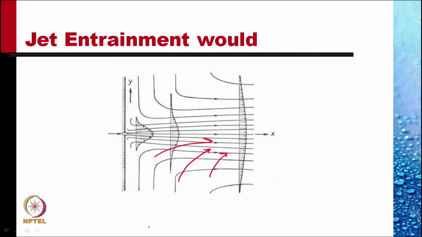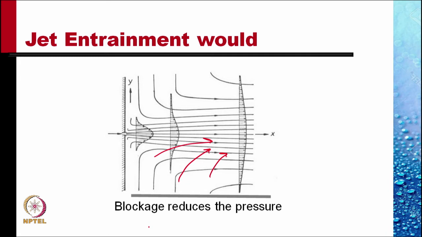And the surrounding air starts moving. As the surrounding air starts moving, if we block the surrounding air, then the pressure there would reduce. If there is no blockage, the pressure throughout this region is atmospheric. There is no suction.